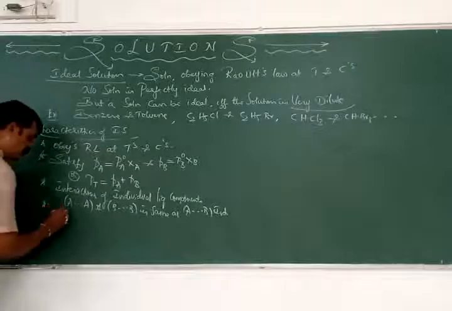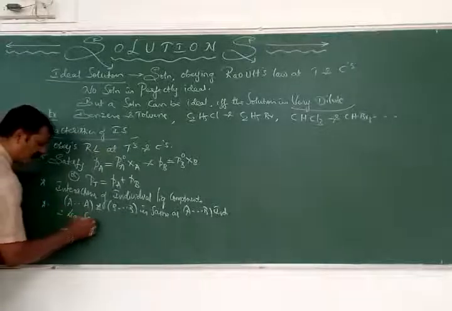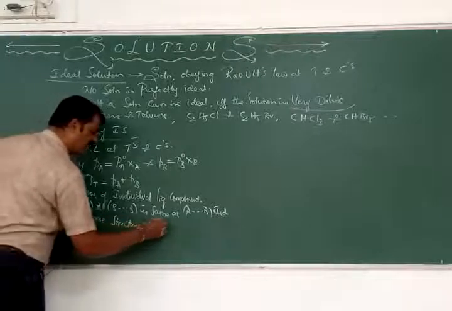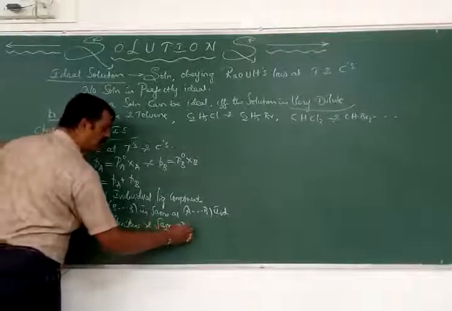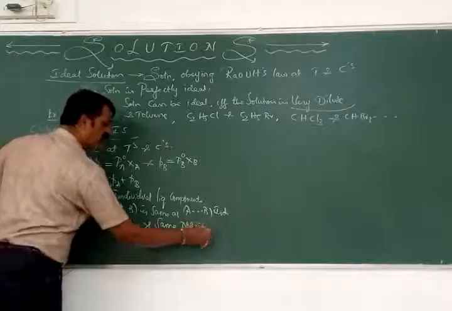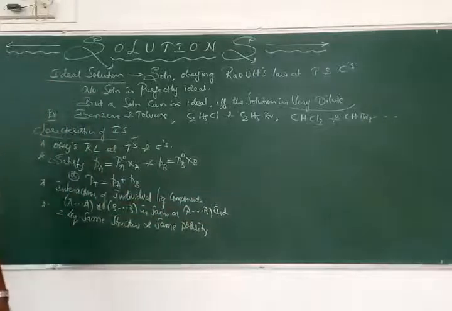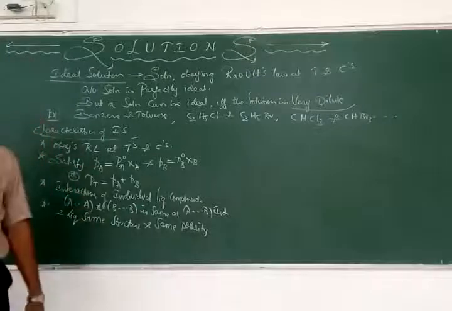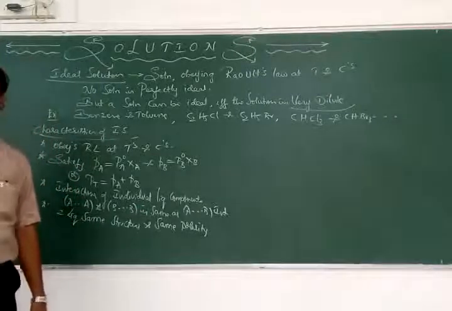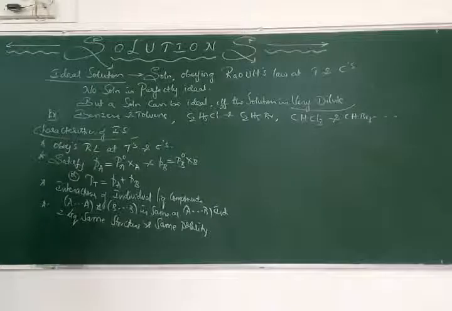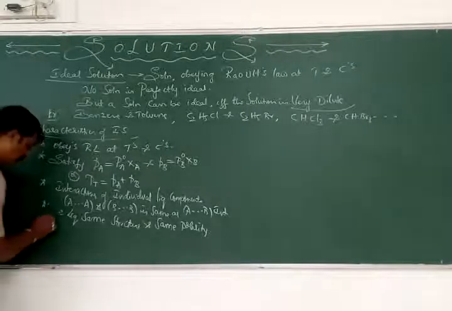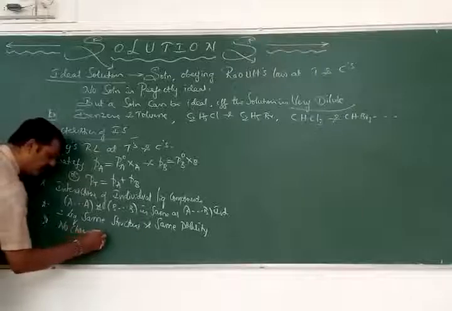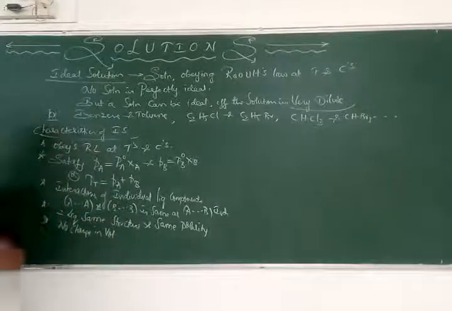It means the two liquids have the same structure and the same polarity. If the individual interactions are similar to the mixed interaction, they must have similar structure and similar polarity. If that be the case, the solution can obey Raoult's law.